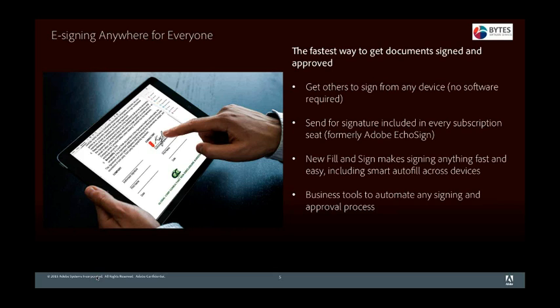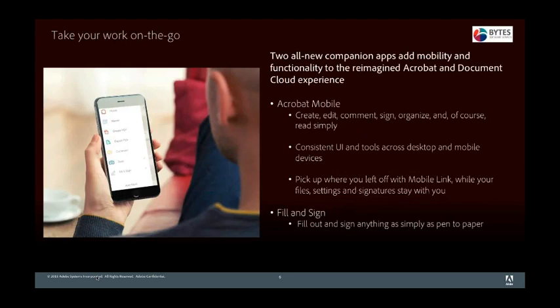As part of our enterprise offering, we also offer business tools to automate and integrate with third-party SaaS solutions such as Salesforce.com, Workday, etc. We also offer iOS and Android applications for both tablet and phone that allow people to create, edit, comment and sign, and organise their documents while on the go using their mobile device.